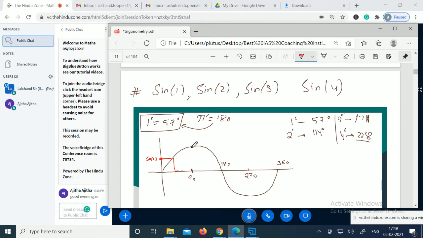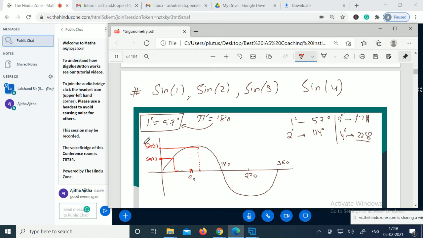So 114 will be after 90, somewhere here, isn't it? Yes. So if I make the respective line, the 114 value will be somewhere here. So this is our sin 2.